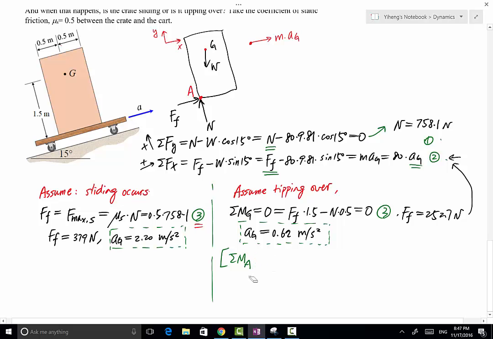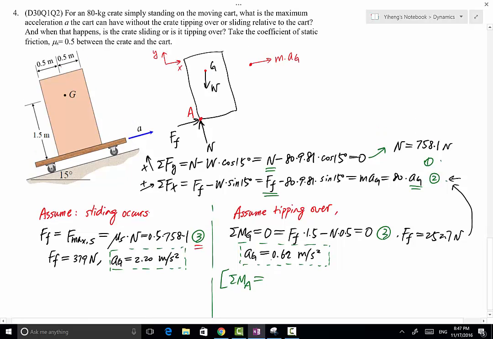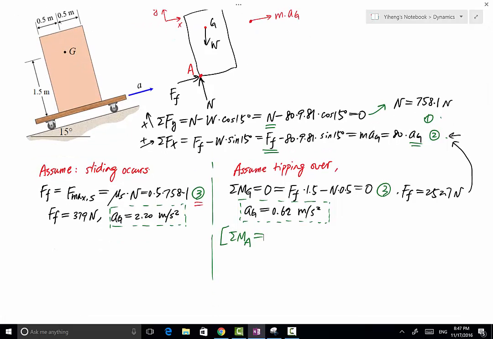However, the resultant moment about point A, which equals the moment caused by the weight, if we take counterclockwise to be positive, then this equals W times sine 15 degree times 1.5 minus W times cosine 15 degree times 0.5. So that's the x component and that's the y component causing moment about point A. Normal force and frictional force pass through point A.